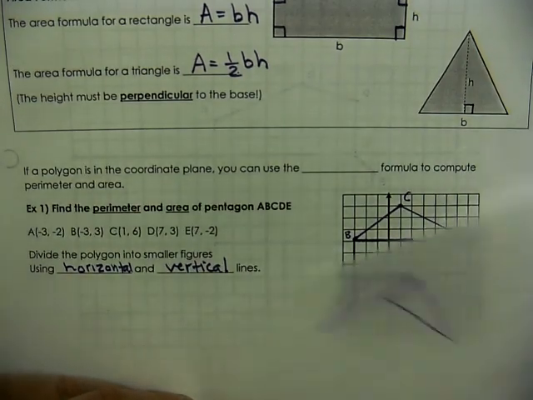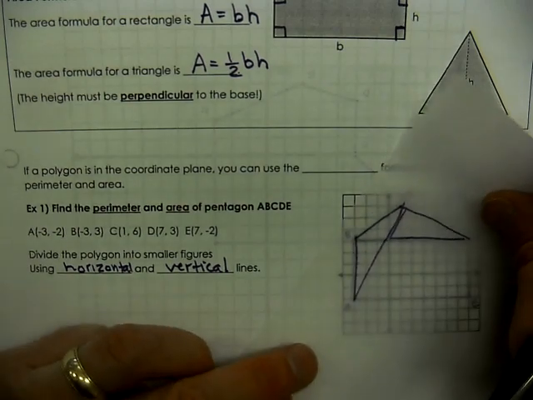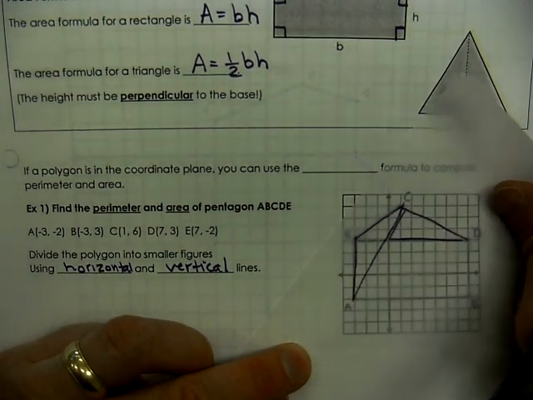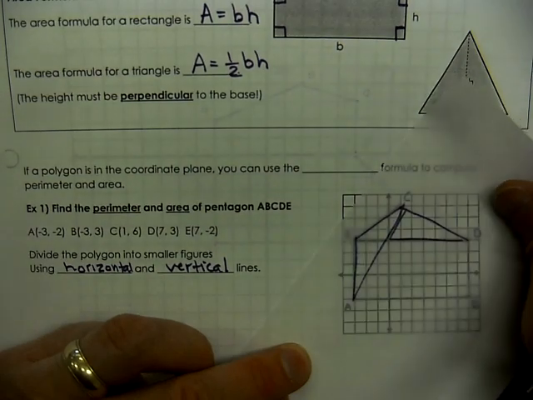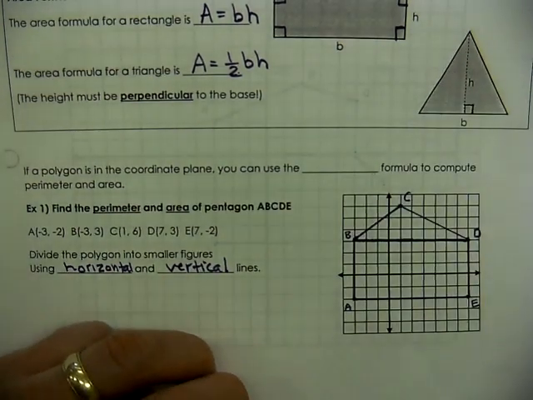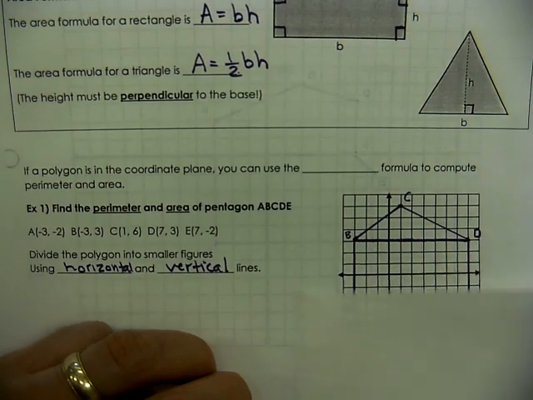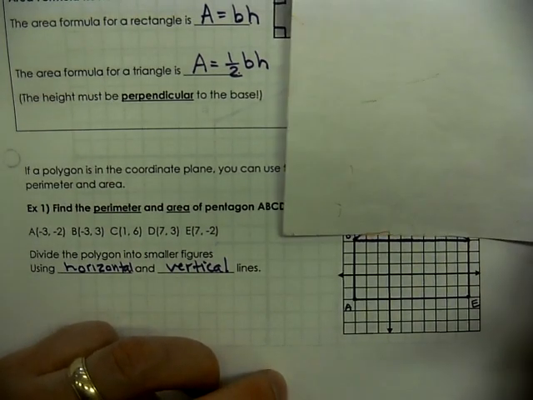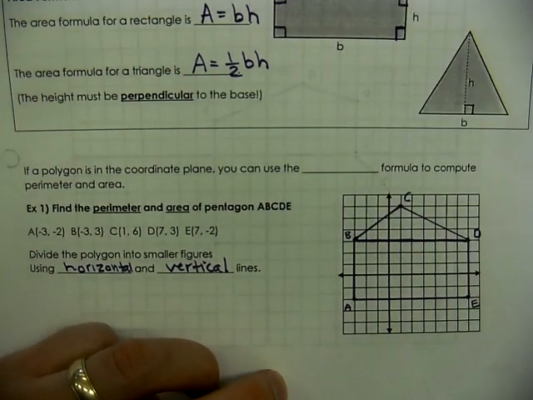That was a challenge we had earlier. If we were trying to divide it up some other way, it's hard to find a base and a height that are perpendicular to each other. Again, not impossible, but this is just more efficient. So there's your triangle, and below that you have your rectangle, right? And so that's what we're going to do.